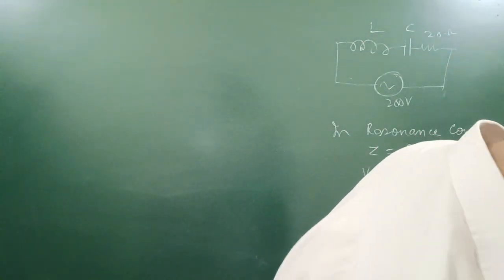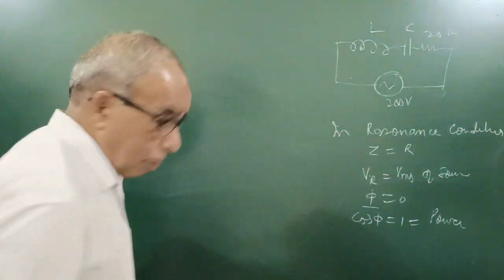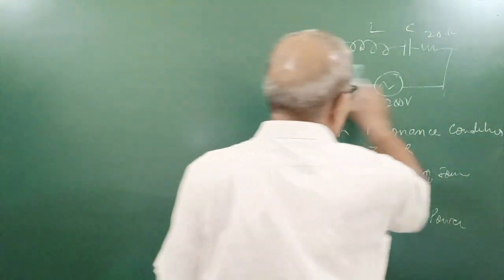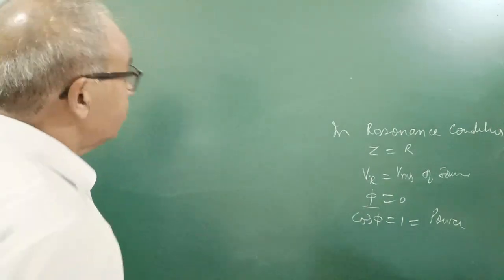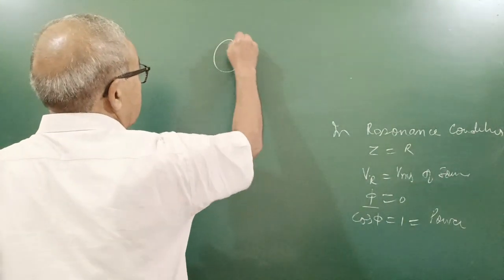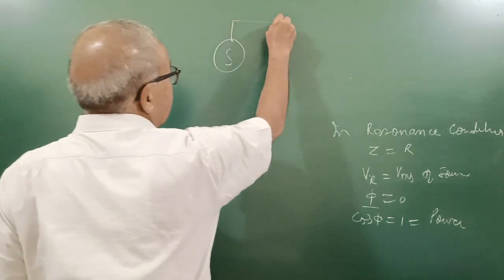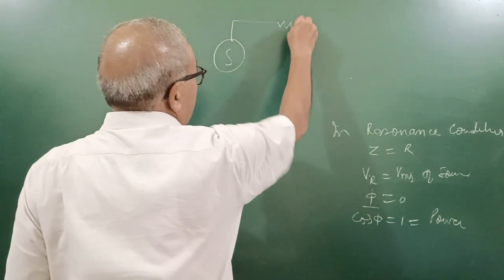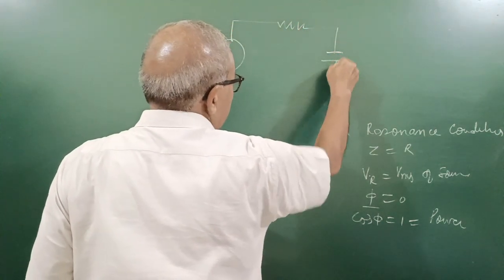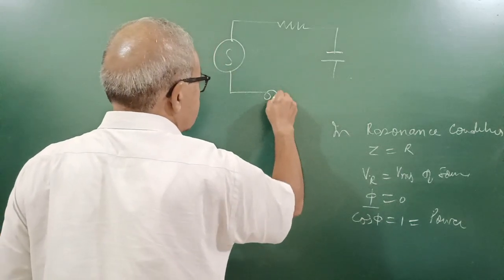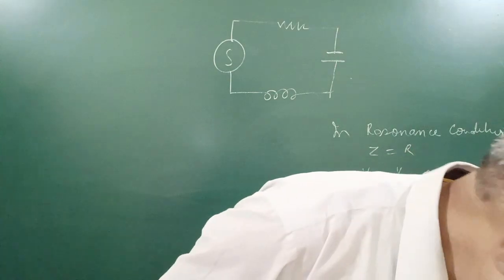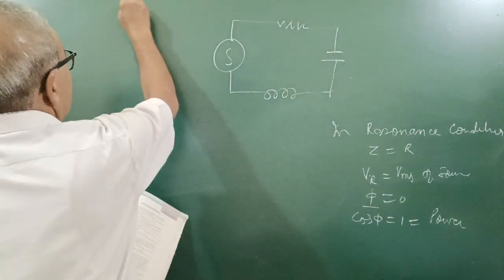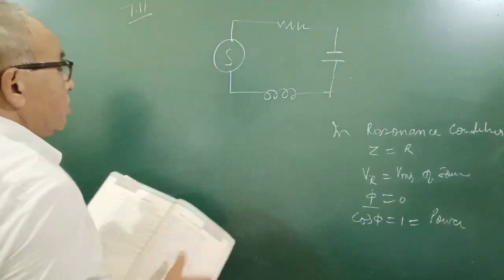There is one more question here, simply again on resonance. You are given a circuit diagram here. Here is the AC source. Just we have changed. It is R, it is C, it is L here. This is question number 7.11 of NCERT.